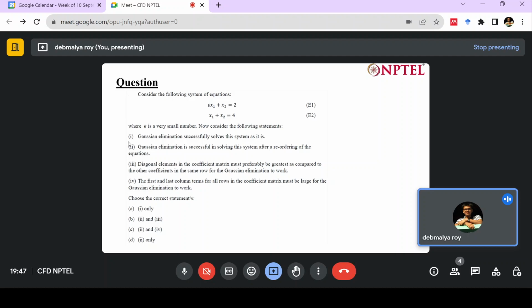So what does this epsilon change in the way we are solving this equation? What are the steps required for this Gaussian elimination?